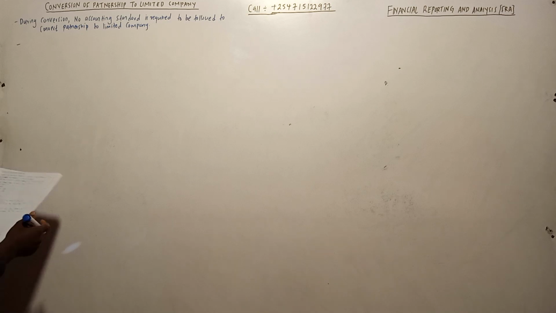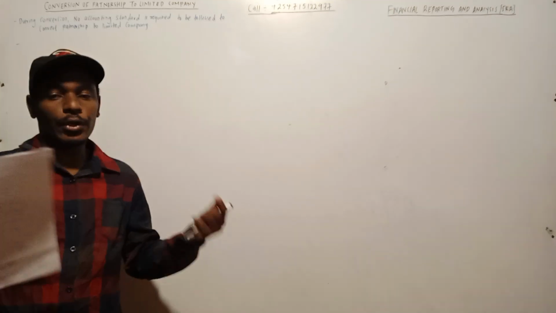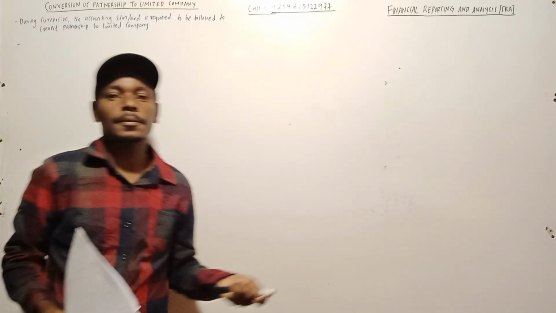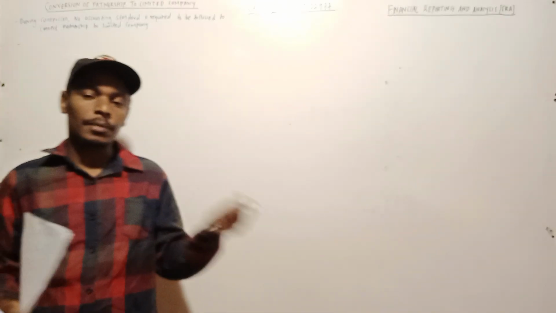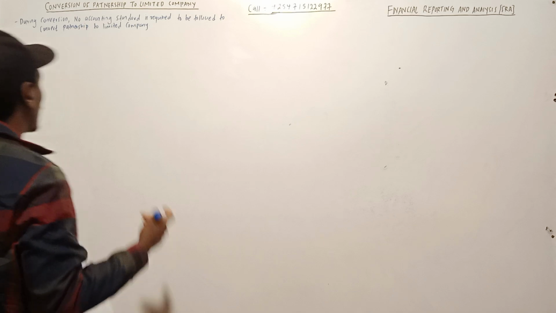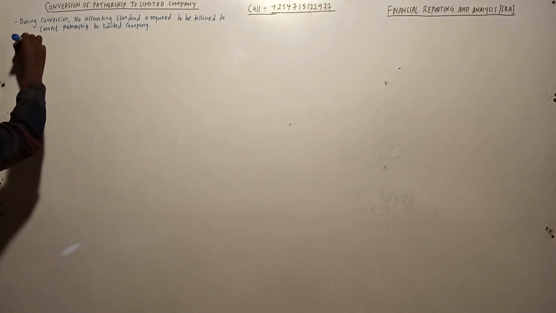Number two, the only thing that you need here is the concept of double entry. So you need to know how to do the double entry system. For every debit there must be a corresponding credit entry. So the double entry rule is required.